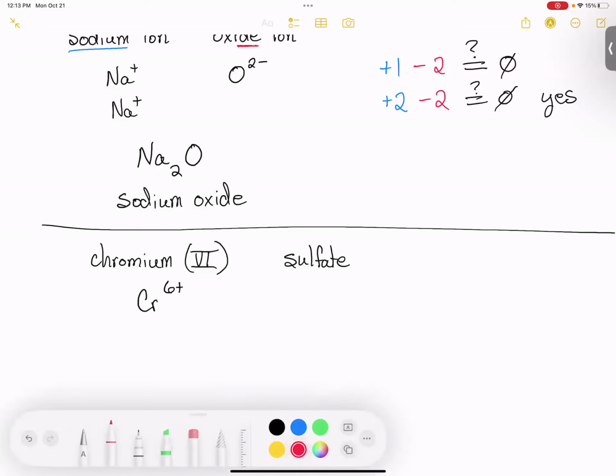Now, the next thing I note is ATE. What does ATE tell me? It's a negatively charged polyatomic anion. ATE means it's a polyatomic.